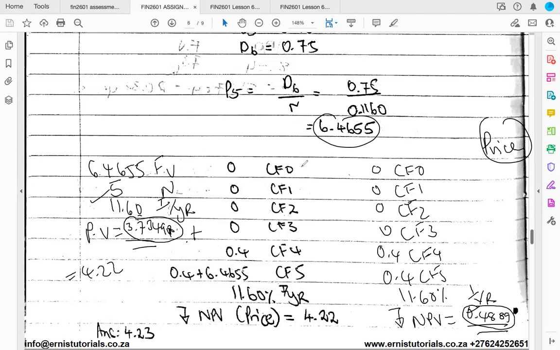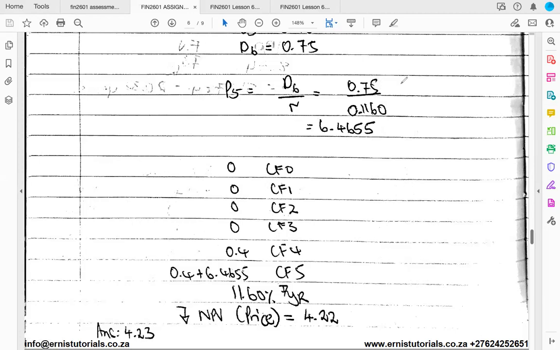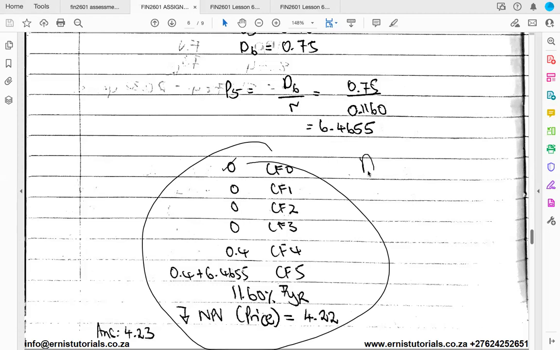Which is just the same as if you had just discounted everything together. CF0 is always 0, right? And then CF1 is 0, that corresponds to D1, CF2 is 0, that corresponds to D2, CF3 is 0, that corresponds to D3, CF4 is 0.4, that corresponds to D4.